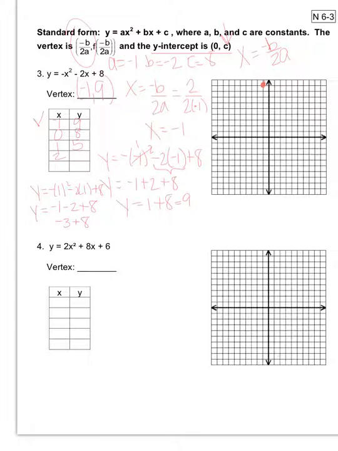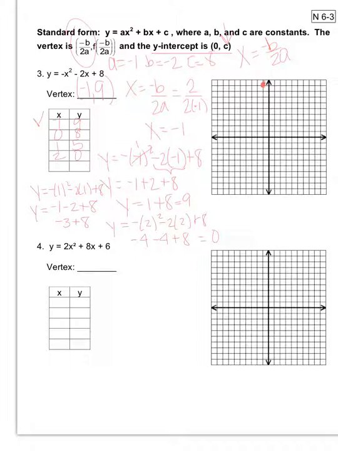And then we'll plug in a 2. So y equals negative, and then 2 squared minus 2 times 2 plus 8. So that would be negative 4 minus 4 plus 8. So that would actually give you 0.